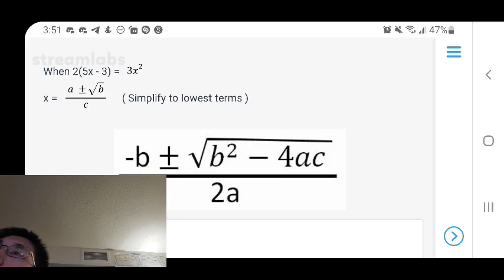Okay, I see what you're trying to do. Yeah, so I have 10 plus or minus the square root of 100 minus 72.